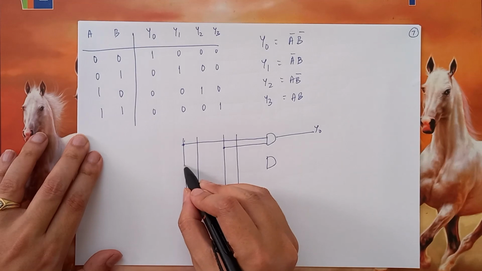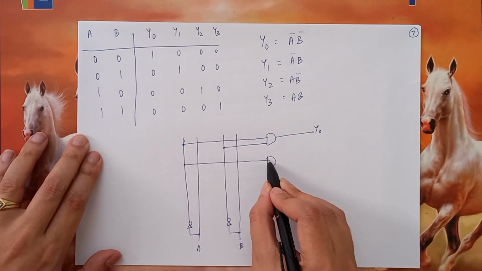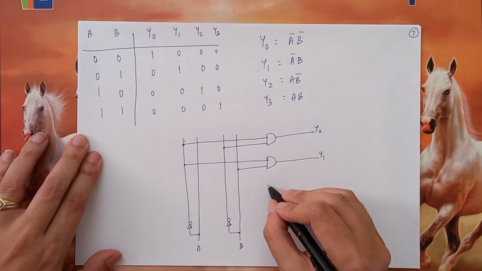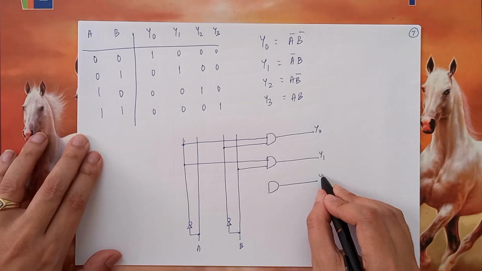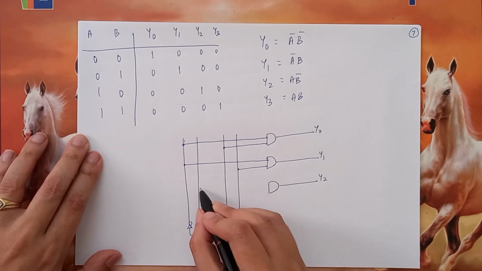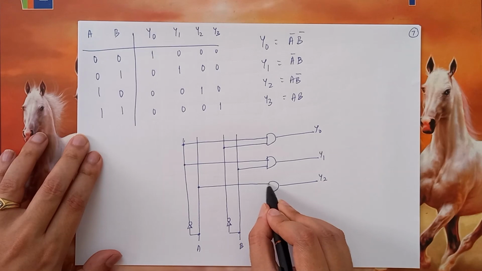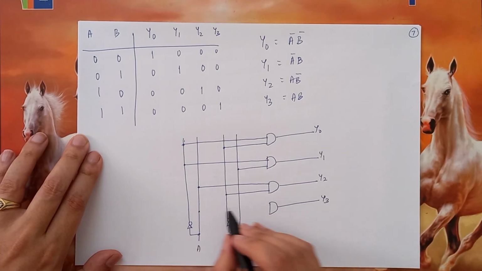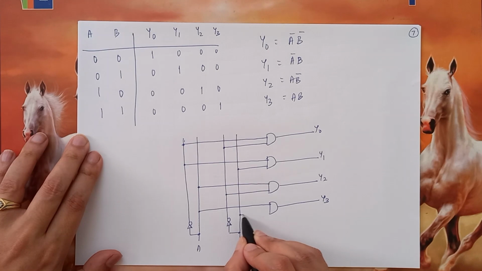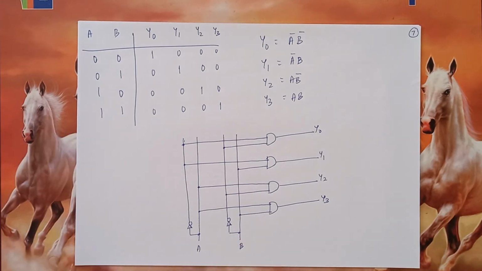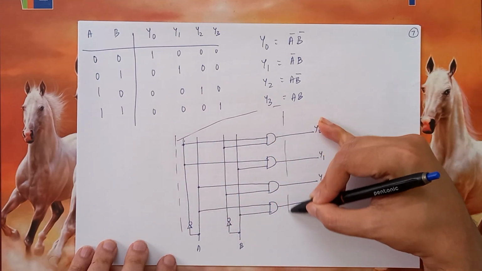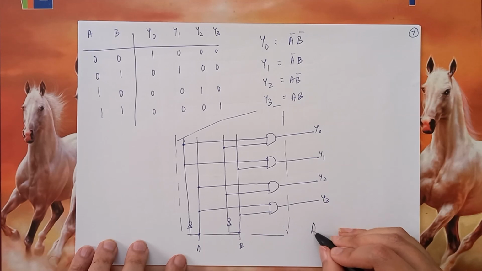Then A bar and B, this one. Then comes A and B bar. Finally, we have A and B for Y3. So again, this is what the internal diagram for a 2:4 decoder with active high outputs looks like.